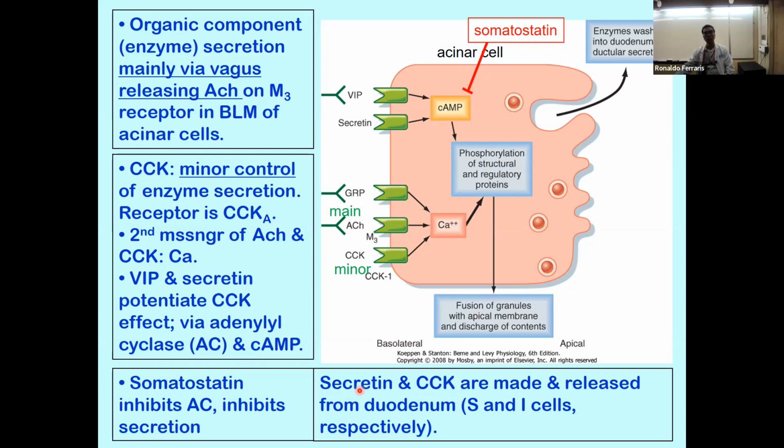They're actually made in duodenal cells, and I'll show you where, which part in a later slide. Secretin is made by S cells, CCK by I cells, and these are found in the duodenal mucosa, and secretin and CCK are then secreted from those mucosal cells into the blood side.